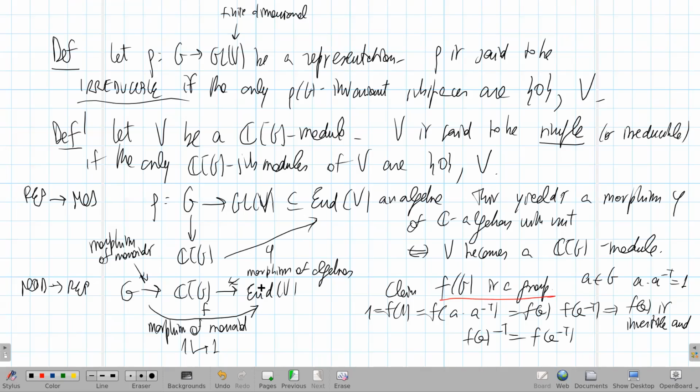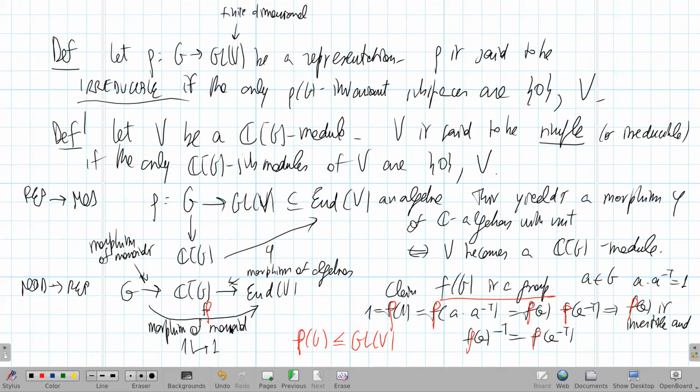Think of this as a ring of matrices. And then, of course, what you obtain, F of G, now I could have called it rho, let's call it rho because this is what it is in the end. It's my representation. Then rho of G is contained in GL(V), because it's a group of invertible matrices. And that's the way you have the correspondence. Last time I spoke of a morphism of groups, which in a sense is, but once you notice that the image is in GL(V), the morphism of monoids is what I should have said.